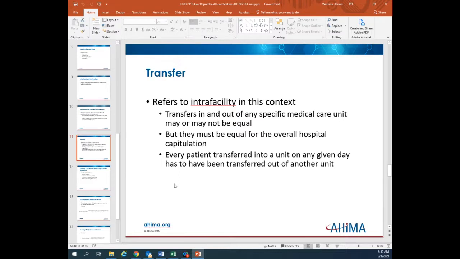Every patient transferred into a unit on a given day must have been transferred out of another unit. So it's important that those patients not get counted twice in two different units. So it's important that they're transferred out of one unit but transferred into another unit.